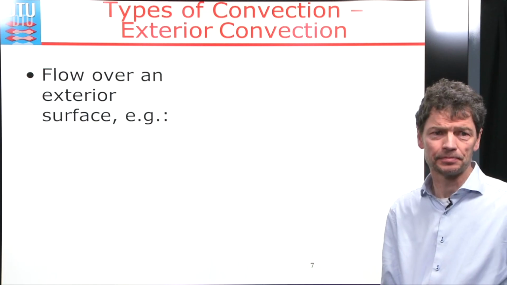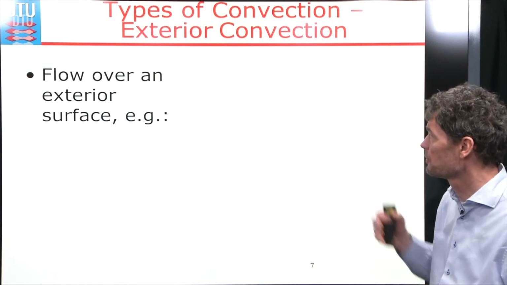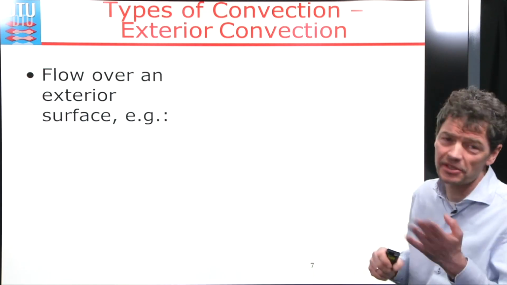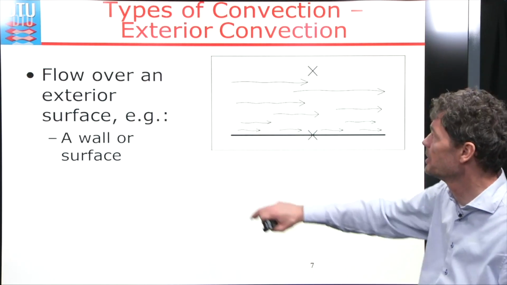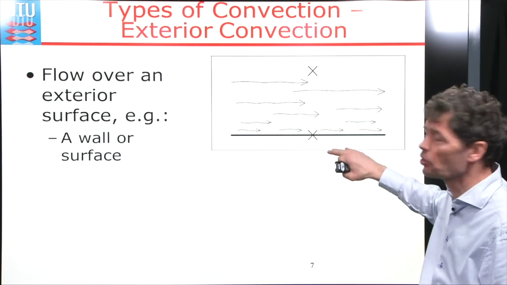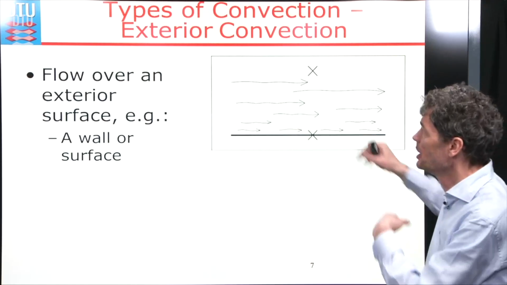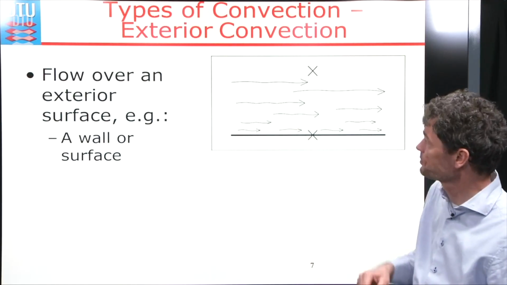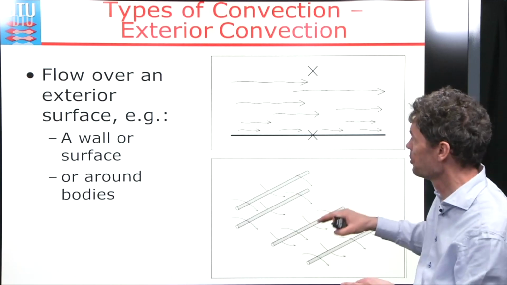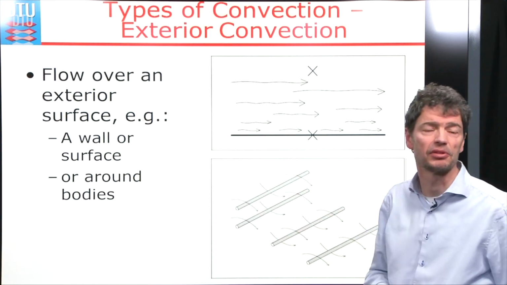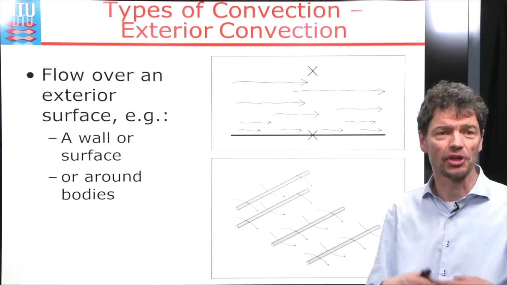For a flow over a certain surface, looking at this type of flow here, we could have a flow over such a surface, as we see here, nicely flowing. But it could also be flowing around tubes or ducts as such.